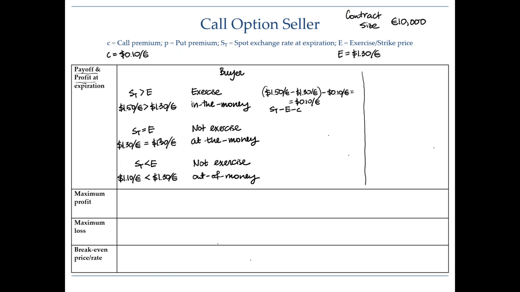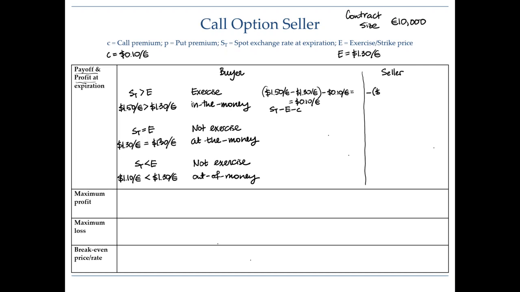But if we take a look at the seller, on the other hand, the seller will have to sell euros to the buyer for the price of $1.30 if the buyer chooses to exercise this option in the future. So the situation for the seller is the exact opposite.